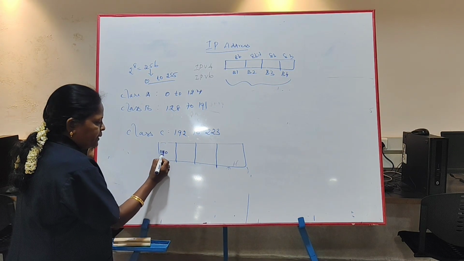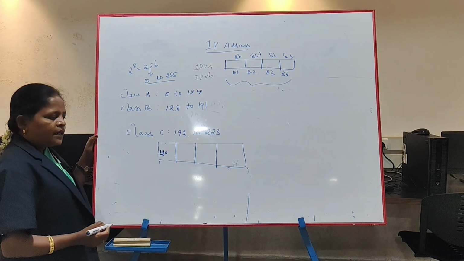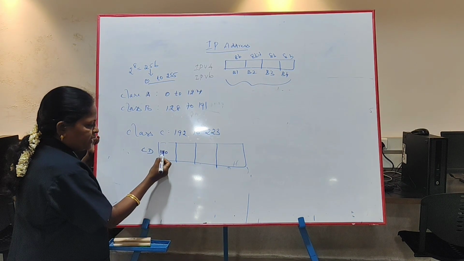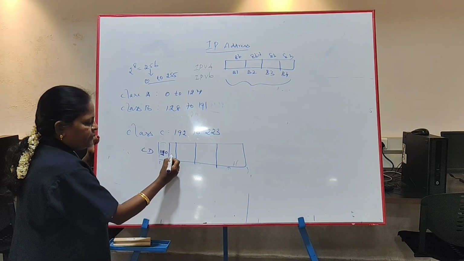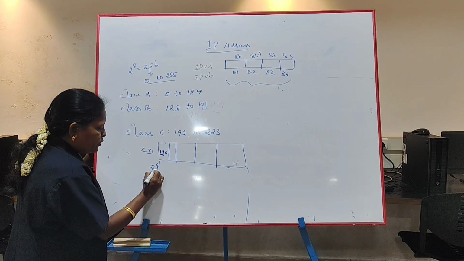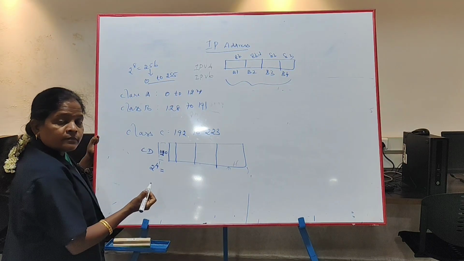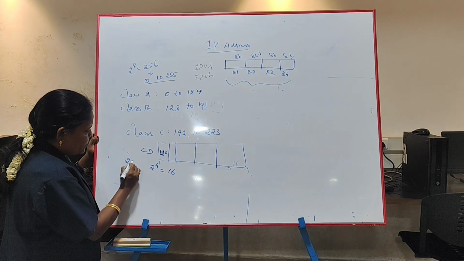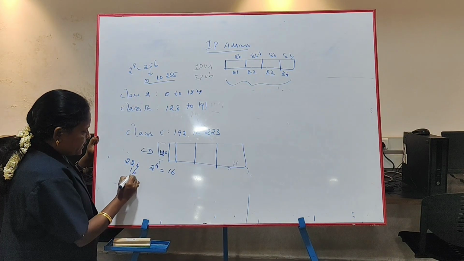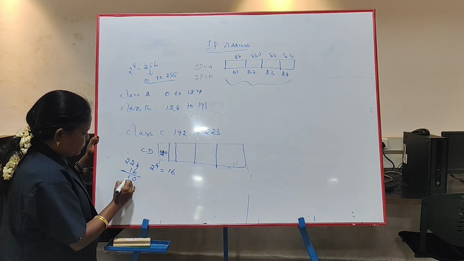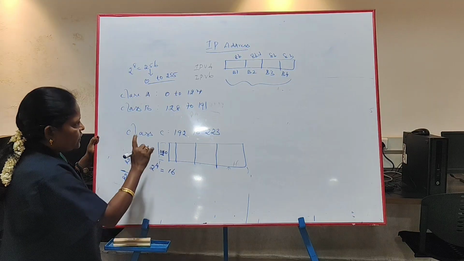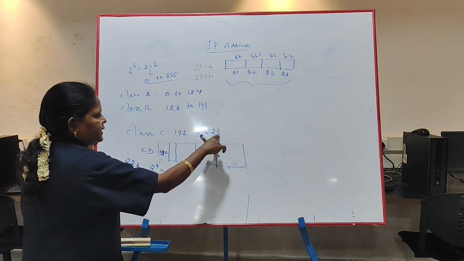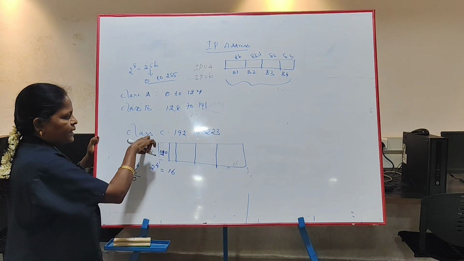Whenever the first 4 bits are 1110, it is used to identify class D. The rest of the 4 bits give 2 to the power 4, which equals 16. So 224 plus 16 gives 240, which means the range up to 239. Till 223 is already assigned for class C.